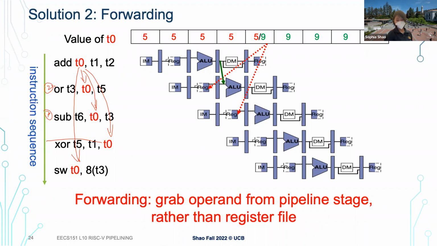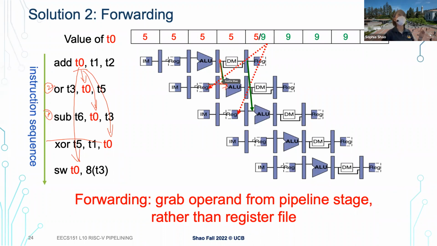So what are we trying to do with forwarding? It is basically to grab the data early, whenever it's actually available. Again, this is an addition. The data is already available after the ALU, already pre-computed. So for the second instruction, when we think about inputs to our ALU, instead of directly getting our value from the register file, which will be stale very soon, we can have another input.